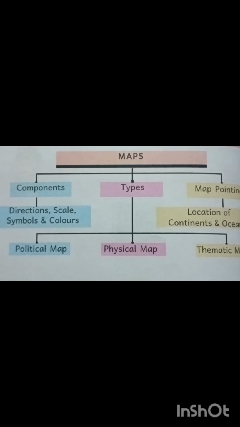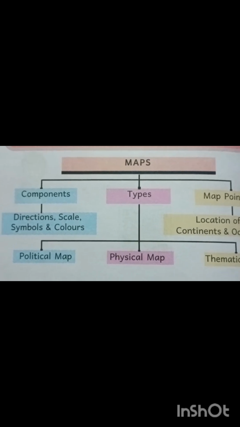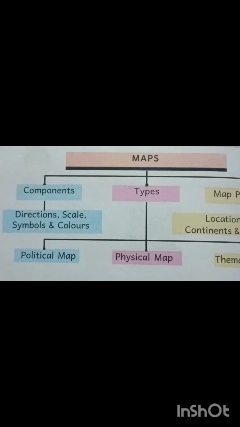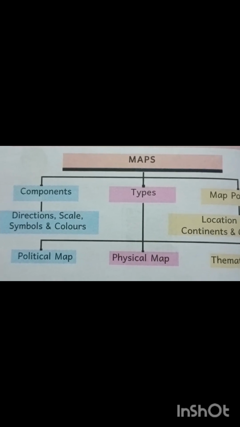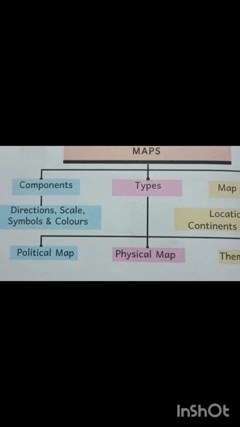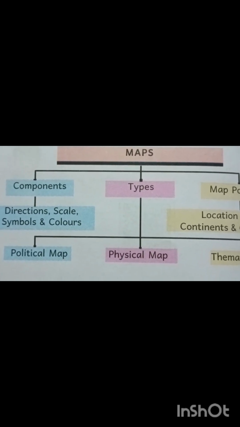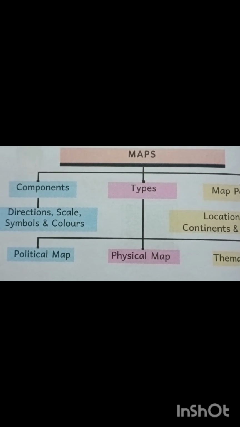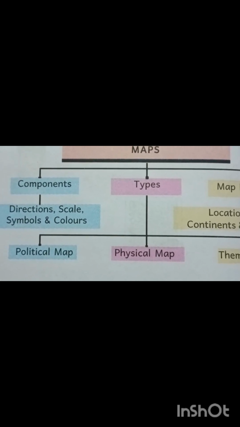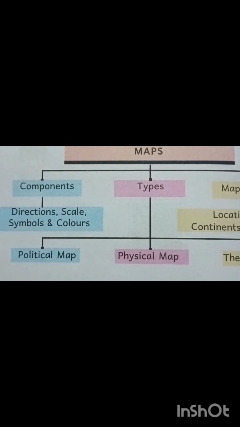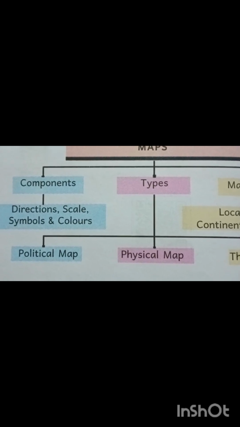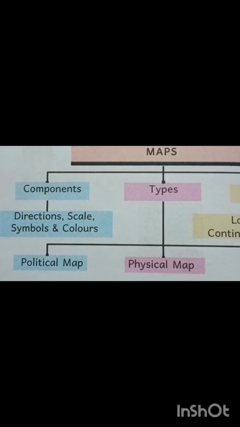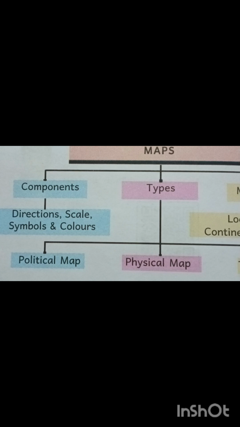The important things we have to study in the maps are called components of the maps. What are called components of the maps? When the question comes, then you have to give the answer: directions, scale, symbols, and colors.